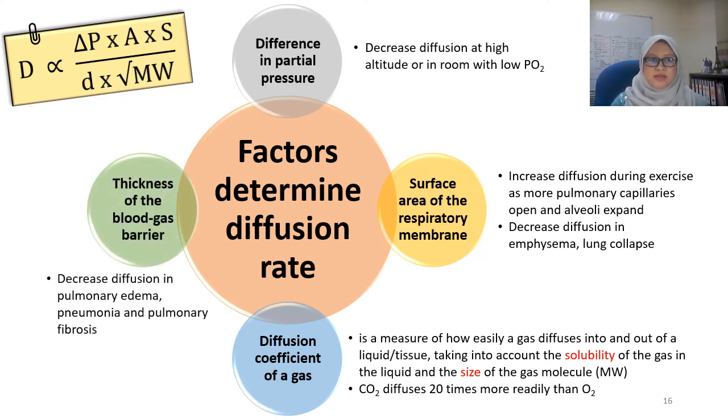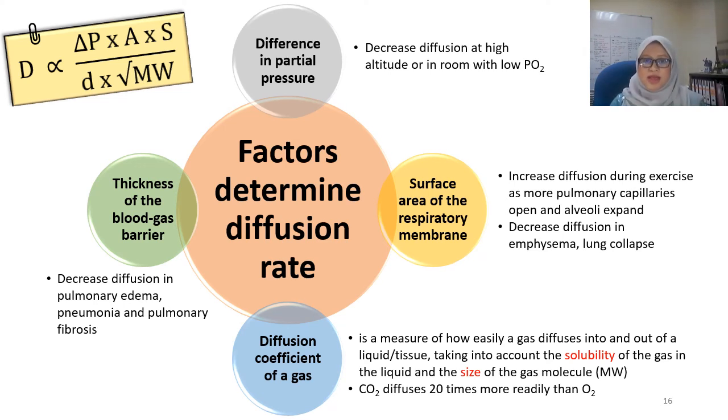The final factor is thickness of the blood-gas barrier or the respiratory membrane. This correlates to distance of diffusion, which is inversely proportional to diffusion rate. The thicker the barrier, or the further the distance, the more the diffusion rate will be decreased.